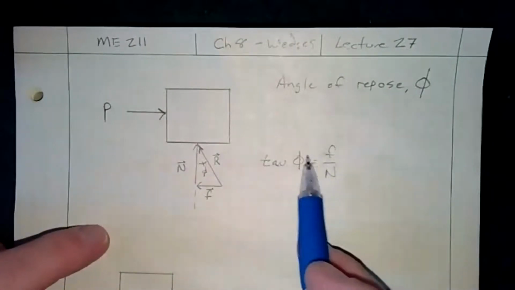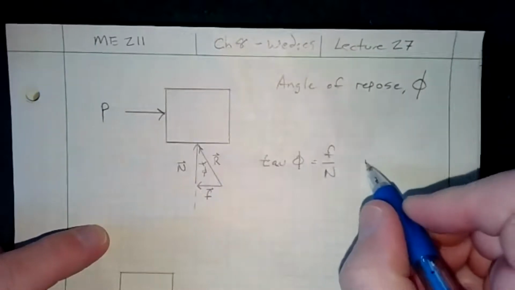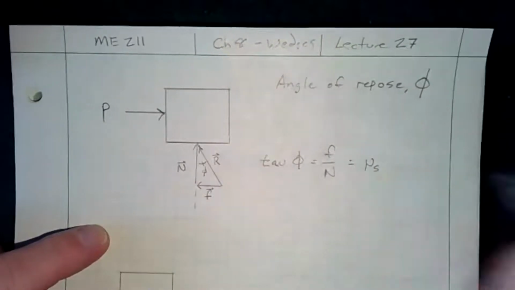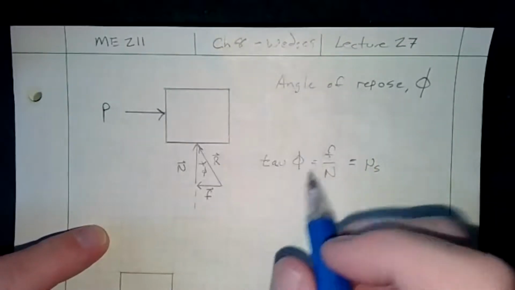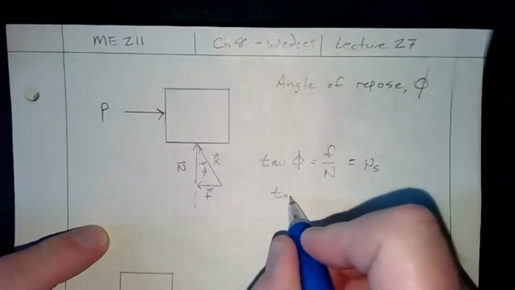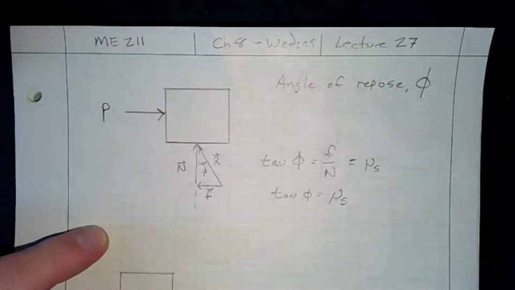Now, where have we seen that before? Well, we know the friction force over the normal force is also mu static, right? So really what we can say is the tangent of phi is equal to mu static.